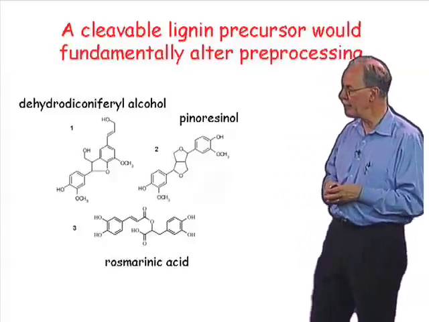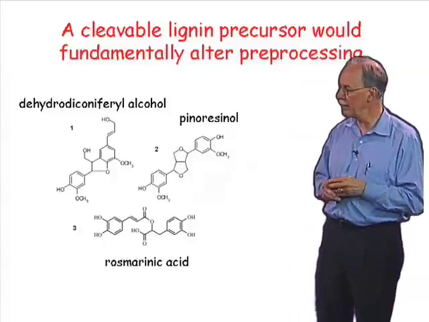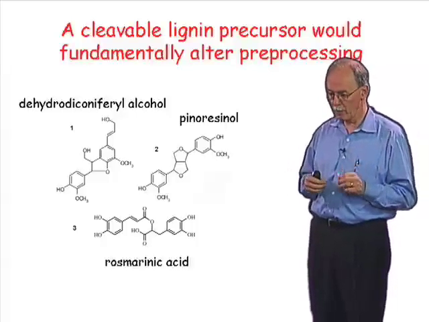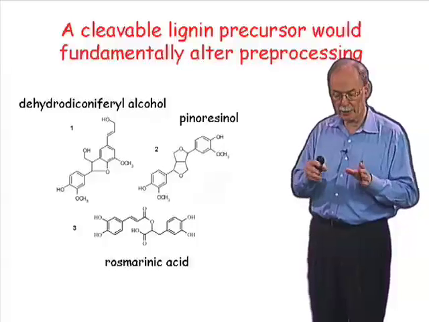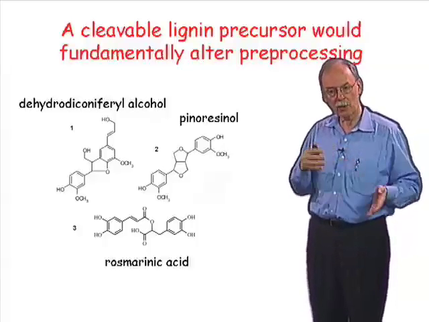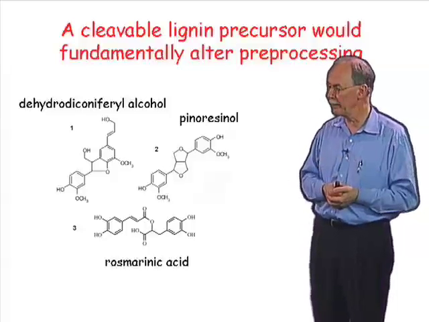To give you a sense of that, this molecule, pinoresinol, is a normal component of lignin, and it has been shown by other laboratories that if one feeds this molecule to a plant cell, it gets incorporated into the lignin, as expected.